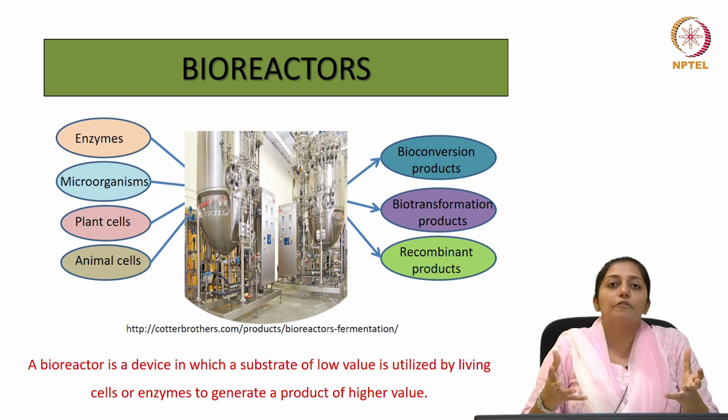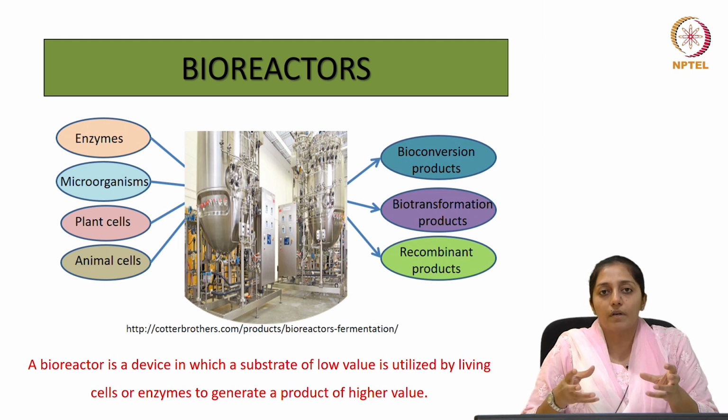Now, there is a third set of products which can also be achieved in bioreactors, which we call recombinant products. Now, recombinant products are a result of certain reactions which are not present in the native organism, so to say, which are not inherent to the native organism, but the organism has been engineered deliberately to carry out those reactions, which we call genetic engineering.